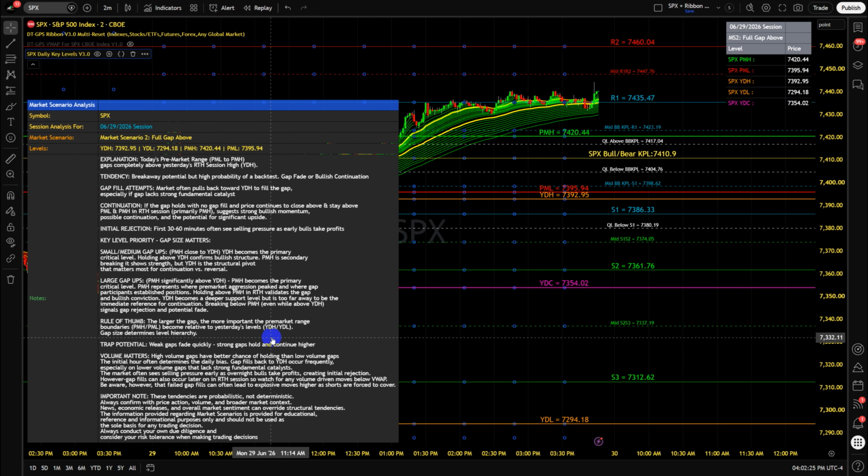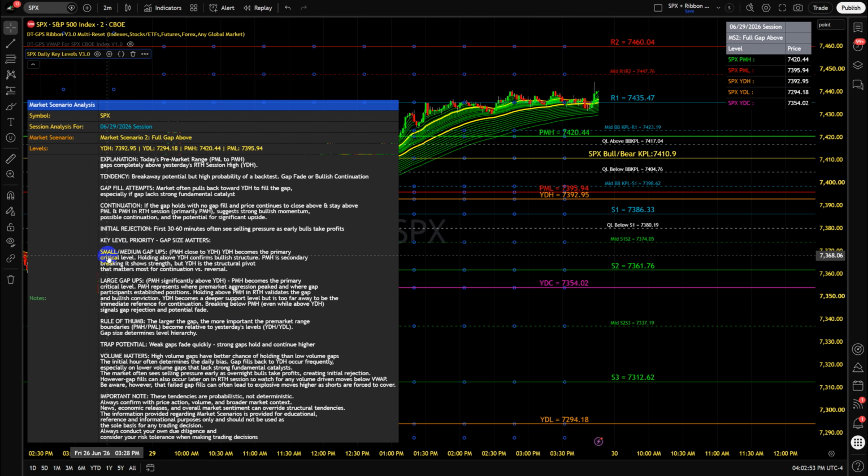So this is market scenario 2. And you have an explanation, tendency, what to expect, the key trading characteristics and dominant tendencies of this type of market scenario. Also, which of the contextual key levels, YDH, YDL, PMH, and PML, matter and are the priority in this particular type of market scenario.